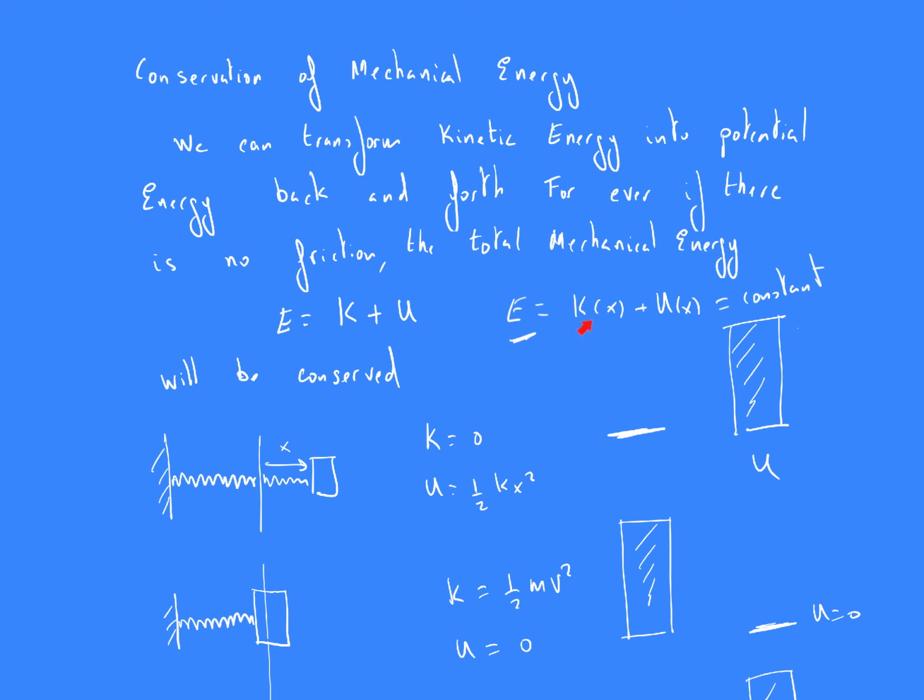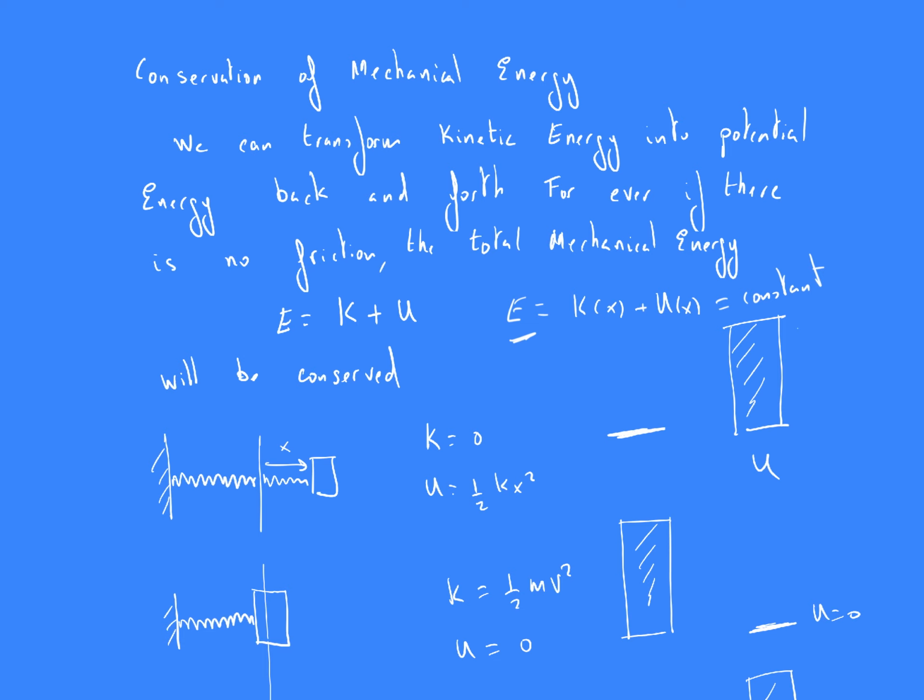So that's why the change in K is minus the change in U. So the mechanical energy is conserved if the force is conservative. Again, the kinetic energy increases and the potential energy decreases, or the opposite: the kinetic energy decreases, so the velocity decreases, and the potential energy increases.